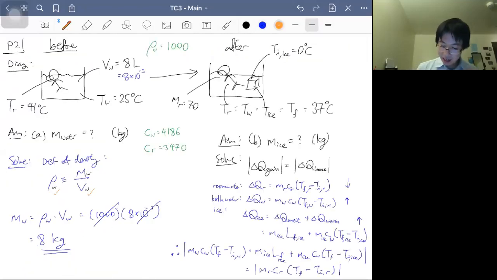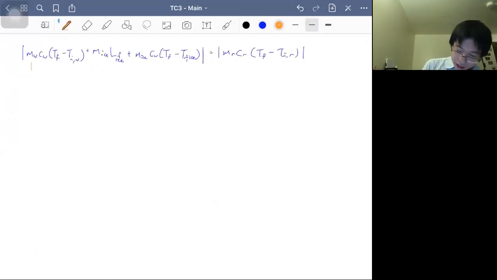Yes, it is 8 kilograms. So that's a tick. C of water, we do know, so let's tick off all the C's. Final temperature, yes, 37, and they all have the same final temperature. Good.